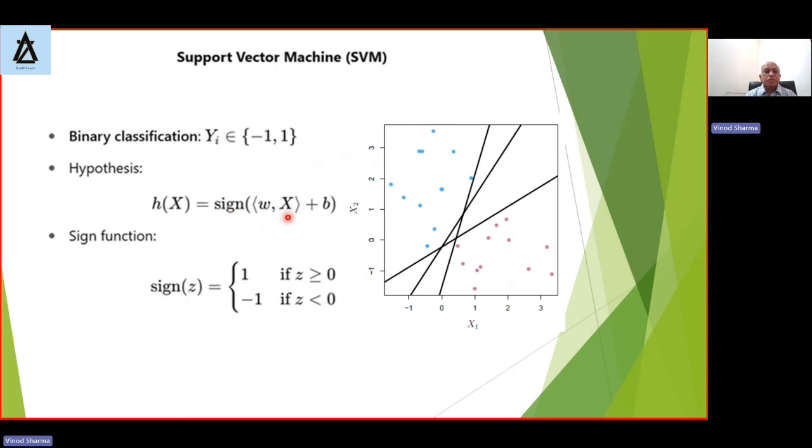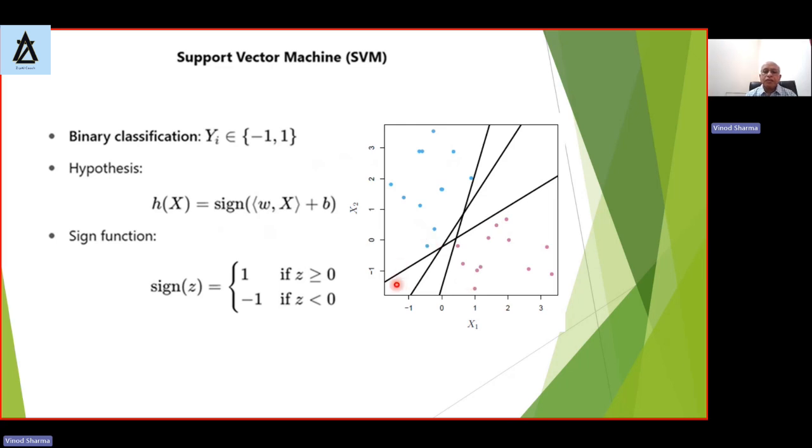So this quantity, which we have defined as h(x) for given w and b, gives the value either +1 or -1, and this is how we interpret the class given to x by this function h, where h has been specified by w and b. Take this example in this figure. If x has two components, x1 and x2, and we have plotted them here, these blue dots correspond to class 1, and red dots correspond to class -1.